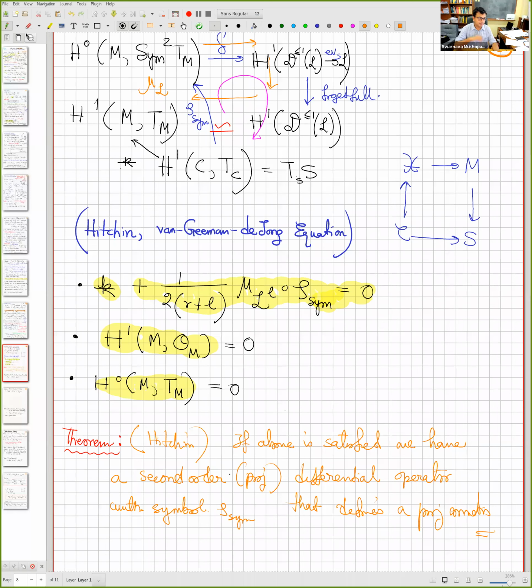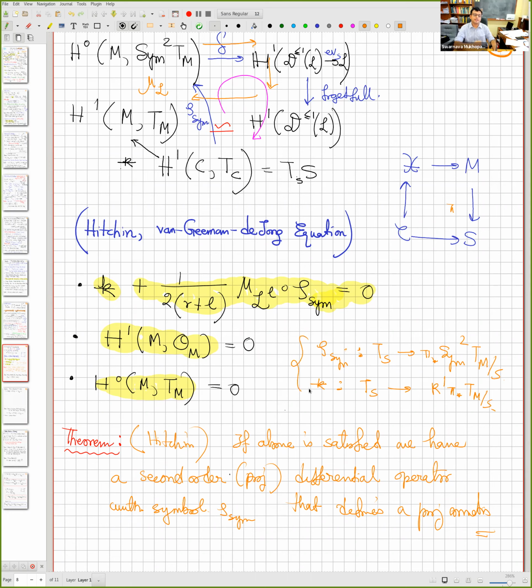So let me briefly mention, since I don't have plenty of time: rho sim you can think of as a map from the tangent bundle to the push forward of the symmetric square of the relative tangent bundle, and kappa again as a map from S to R1 pi lower star of the relative tangent.